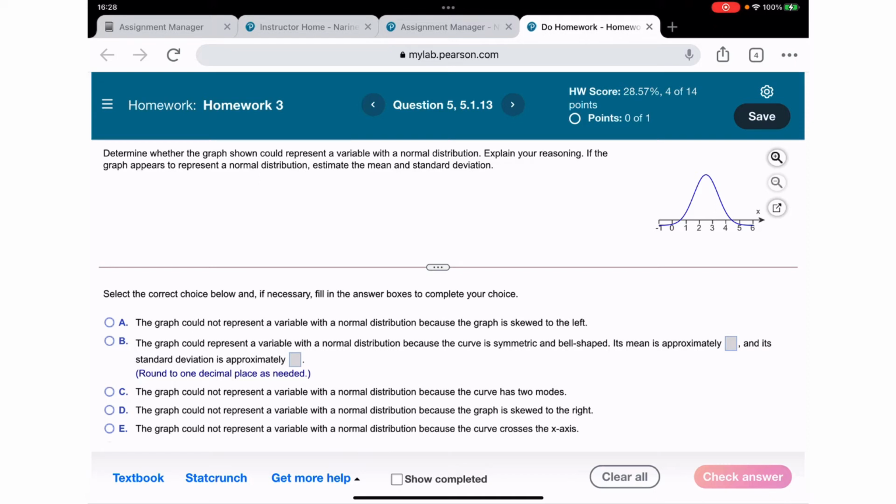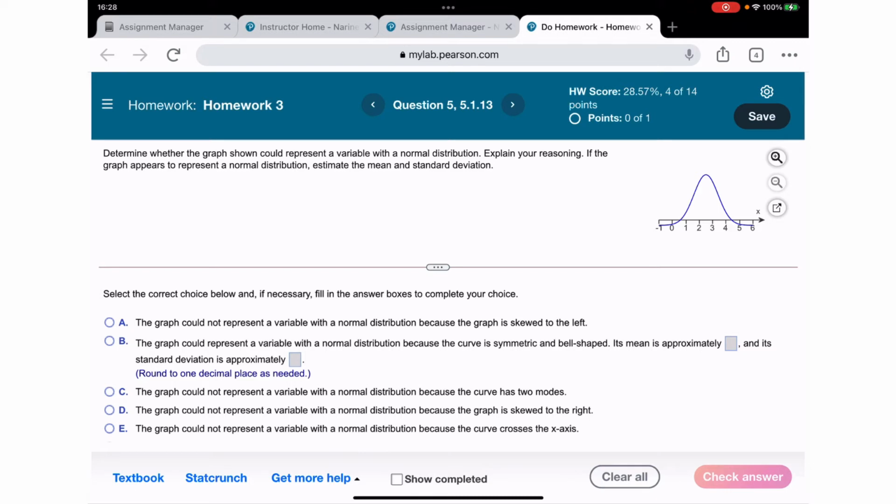Next question. Question number 5. So what do we have here? Determine whether the graph shown could represent a variable with a normal distribution. It is symmetric, but it's not a normal distribution because these tails are going below the x-axis.